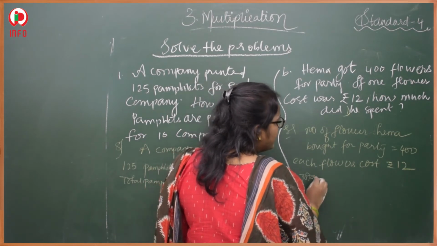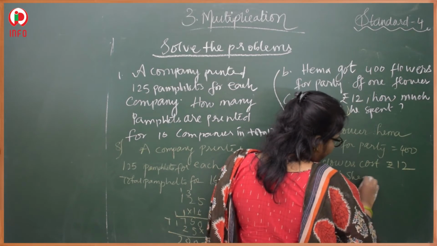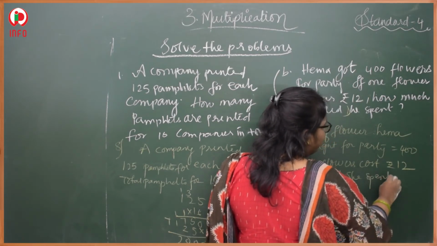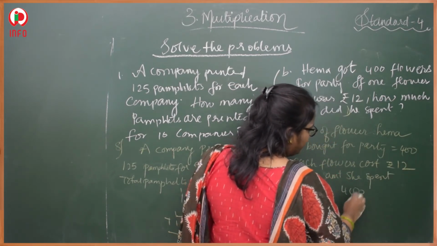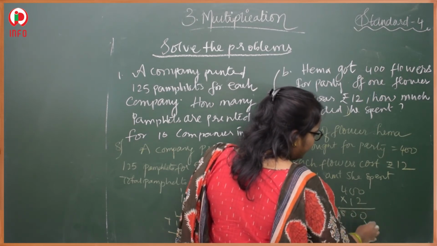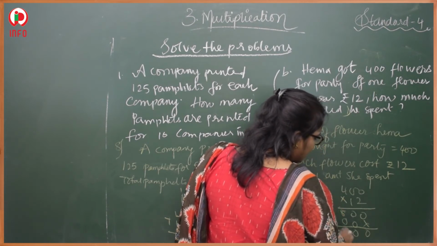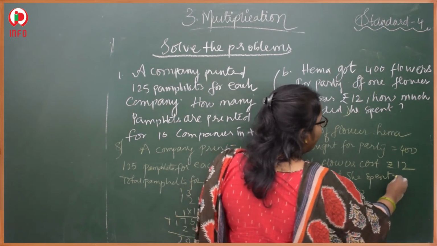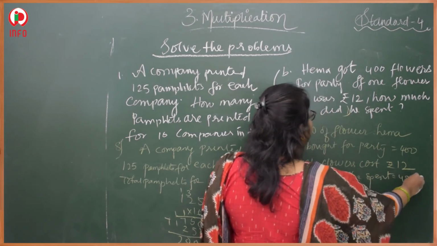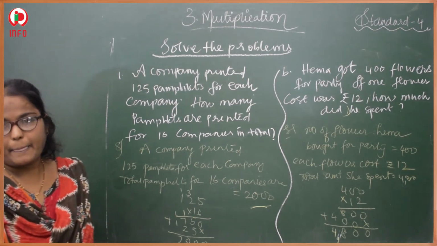Total amount she spent is equal to 400 into 12. 2 4s are 8, 1 4s are 4. How much, children? 4,800. Understood these two problems? Yes.